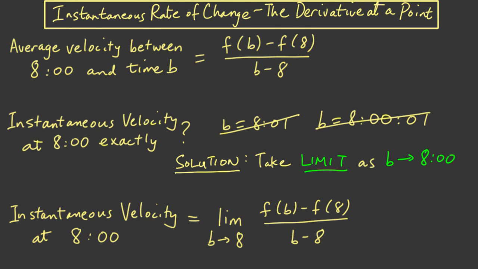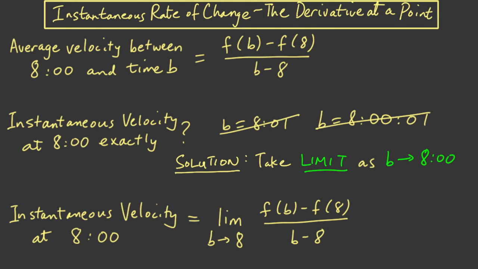In other words, we're taking a limit of average velocities as b approaches 8, or as the time interval gets shorter and shorter. This is a massive concept. The idea that you can take the limit of a bunch of average velocities and get an instantaneous velocity.